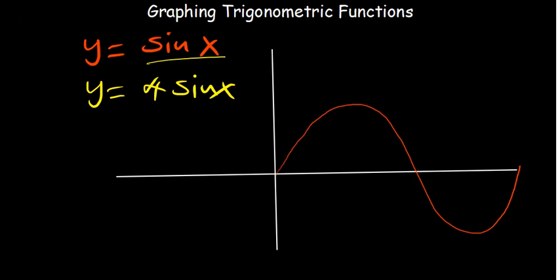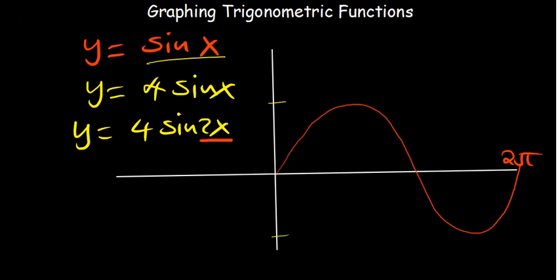So the amplitude had to change the value from 1 to 4, minus 4. That was the effect of the amplitude. And then of course, in the normal case, we expect the basic form of the graph to have a period of what? A period of 2 pi. But again, after changing the coefficient of x, where we say 4 sine 2x, we saw that this has an effect on the period, which determines where the graph is going to end.